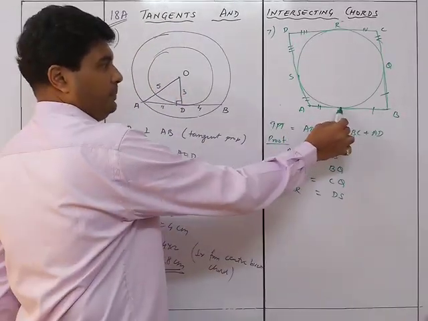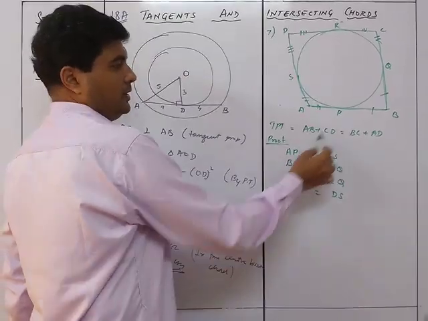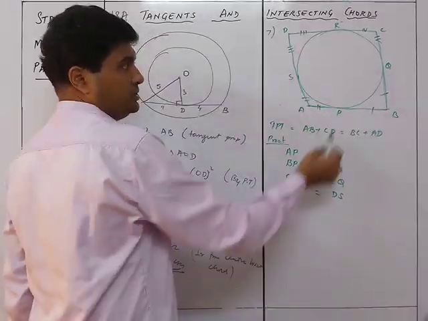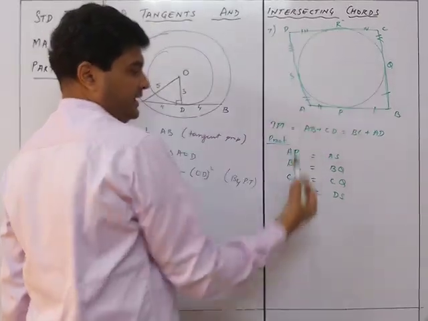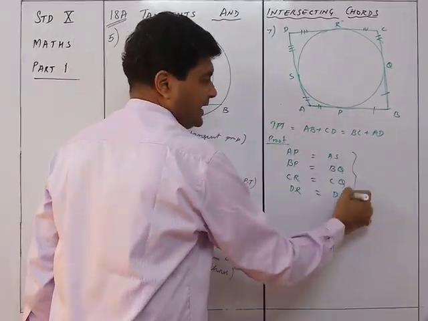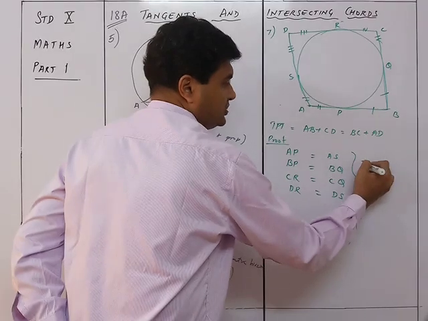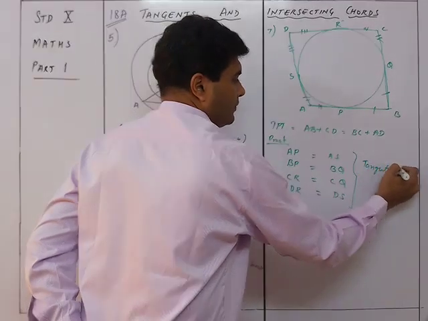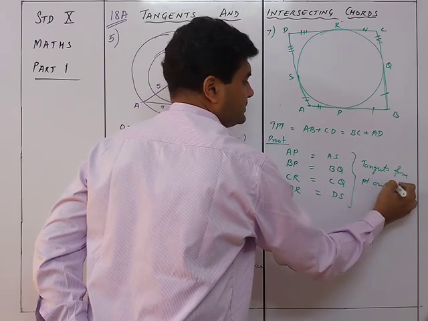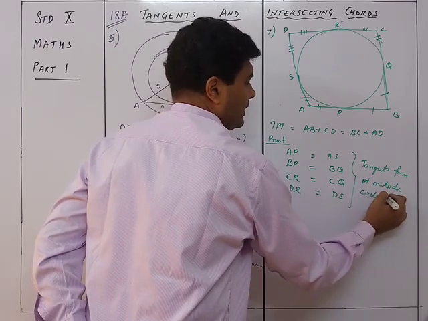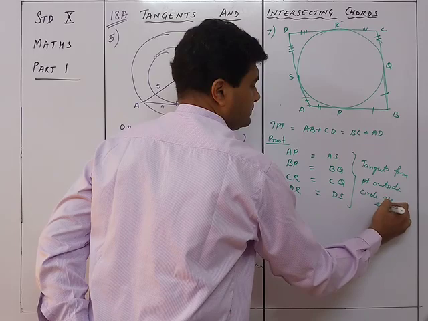AP, AS, BP, BQ, CR, CQ, DR, DS, all these are tangents from a point outside the circle, so they are equal.